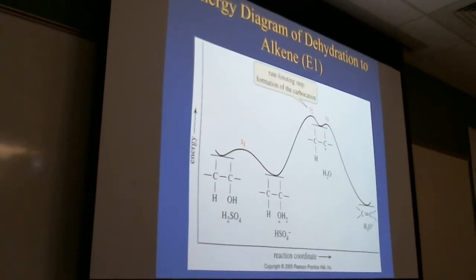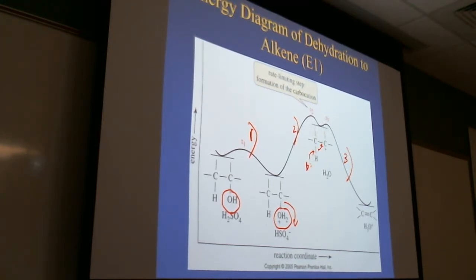So in this particular case, your first step is the protonation of the OH, converting it into a good leaving group. Your second step is water leaving to form a carbocation. Your third step is elimination of this hydrogen to form this alkene double bond.